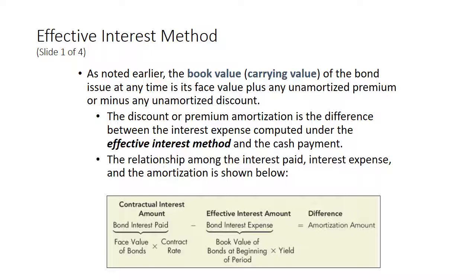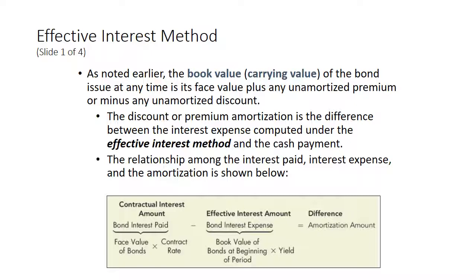The second computation is the effective or the interest expense calculation. That's how much you debit interest expense for. So cash is being credited for the first amount. Interest expense is being debited for the second amount. How do you calculate that? You're keeping track of the book value of your bond. Remember, book value is carrying value, or face value minus the discount on bonds payable balance, or add the premium on bonds payable balance.